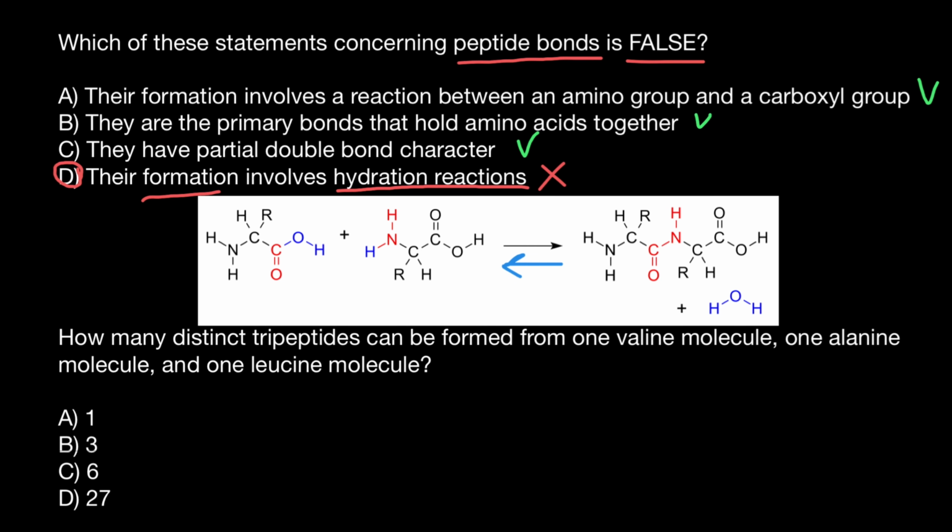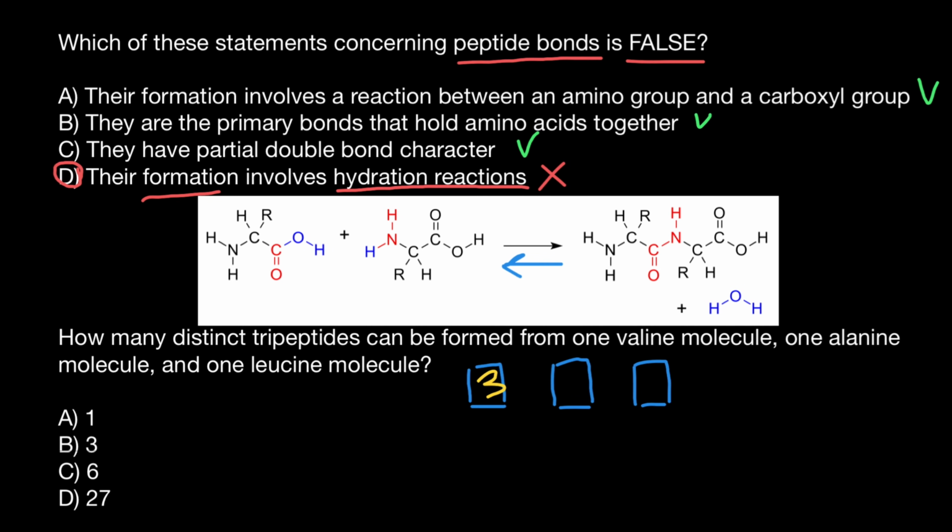The wrong variant would be to think that we have three places here. So this is going to be the first, this is going to be the second and third position of the amino acid, and in order to fill the first position we have a choice between valine, alanine and leucine. So we have three variants here.